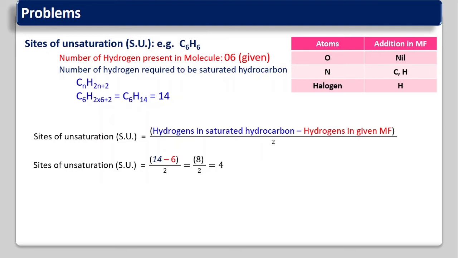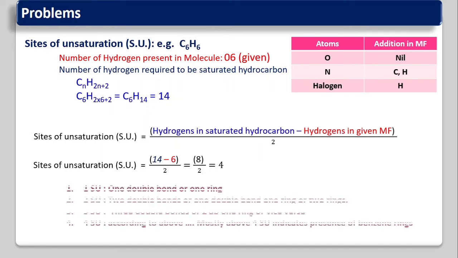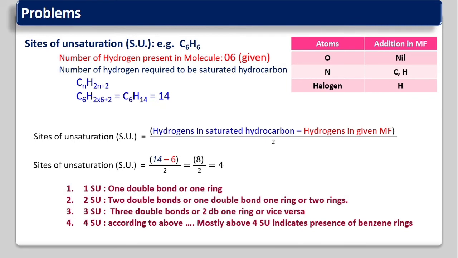So in this way we can calculate the sites of unsaturation. What information are we getting from the sites of unsaturation? If one site of unsaturation is there, then the compound may contain 1 double bond or 1 ring. 1 ring is equivalent to 1 site of unsaturation, and 1 double bond is equivalent to 1 site of unsaturation.